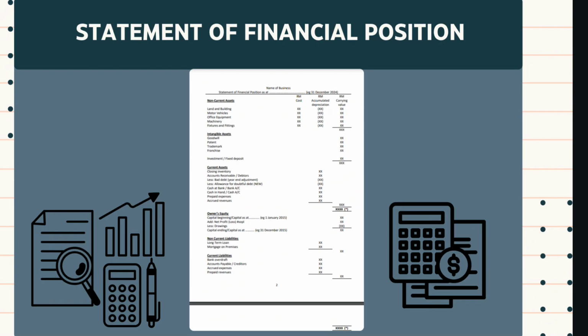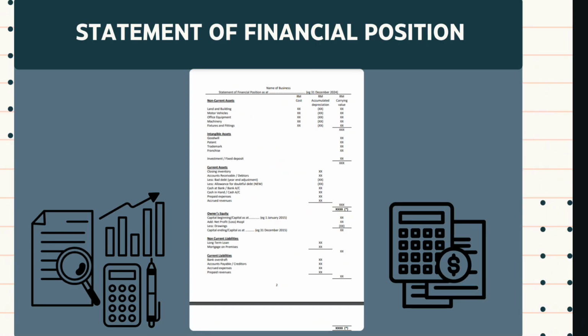On the other side of the equation, liabilities show what the company owes, with current liabilities including accounts payable and short-term debts, while non-current liabilities represent long-term financial obligations.